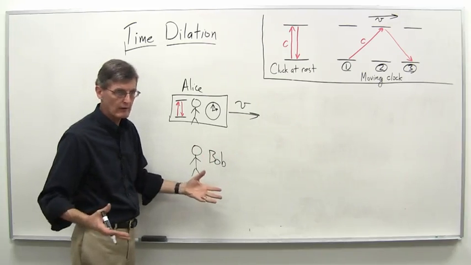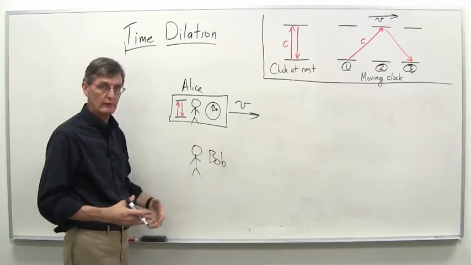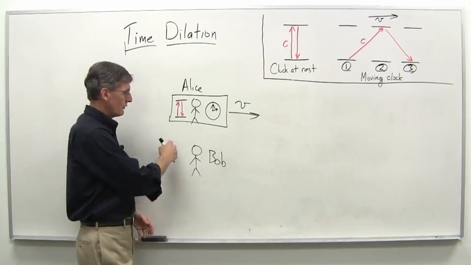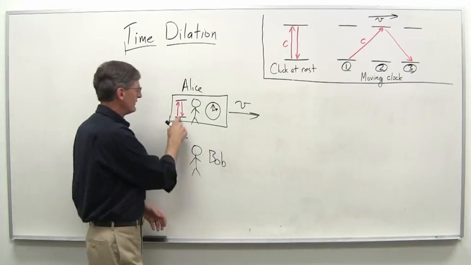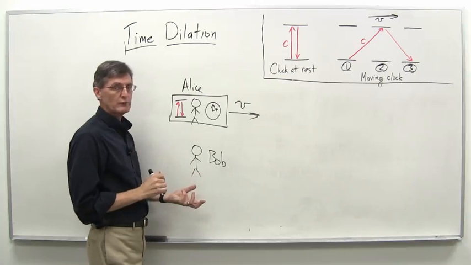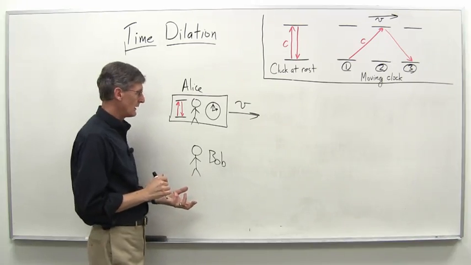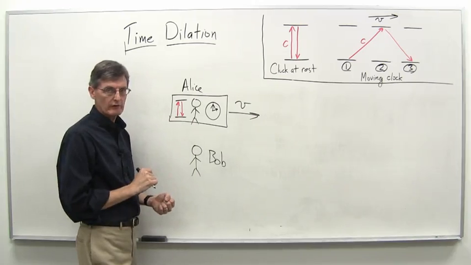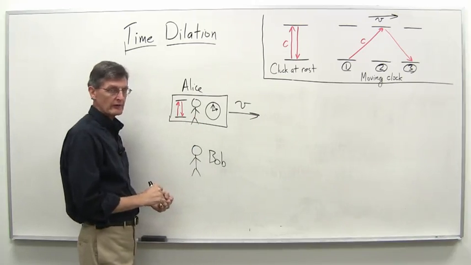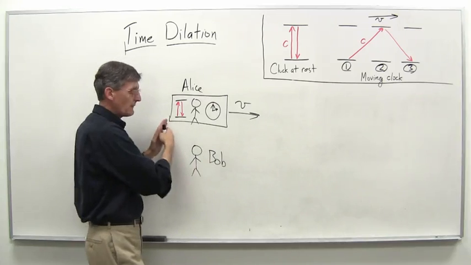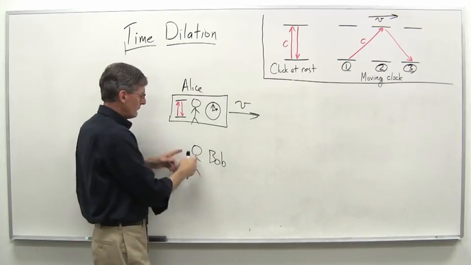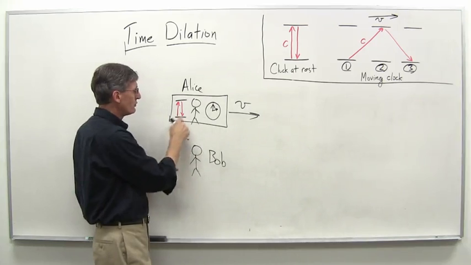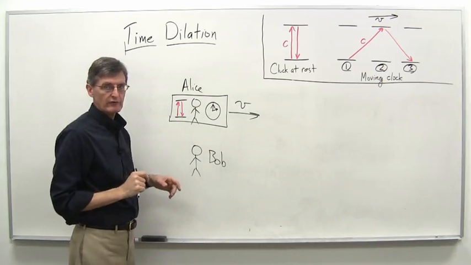Quote-unquote normal clocks will act differently, will act normally, say. So Bob takes a series of photographs. He sees Alice's light clock ticking more slowly, keeping time. Maybe there's a digital readout on the regular clock, which we compare to the light clock, and takes a series of photographs. Therefore, as Alice goes by, Bob will have photographs that show these two clocks are getting out of sync with each other.